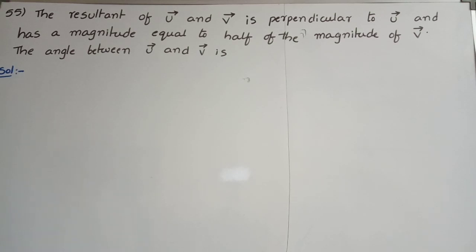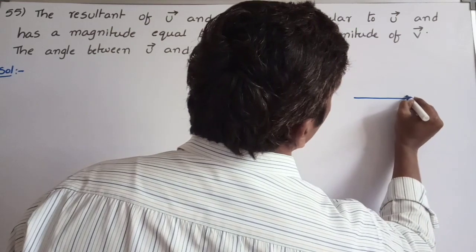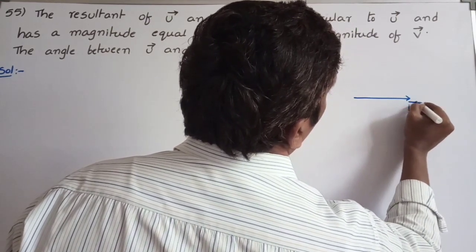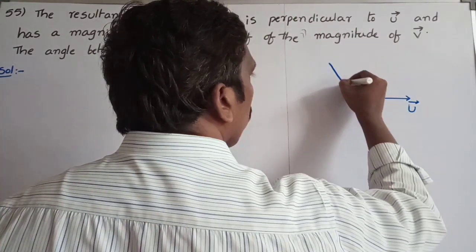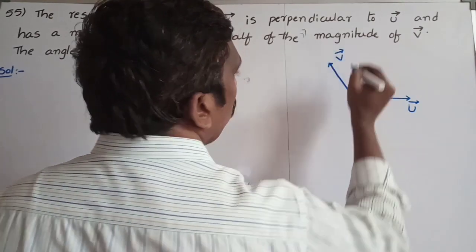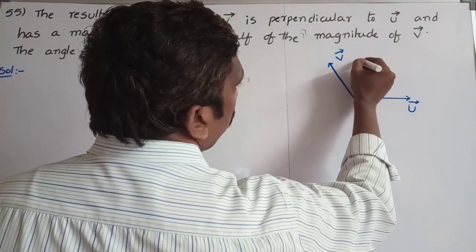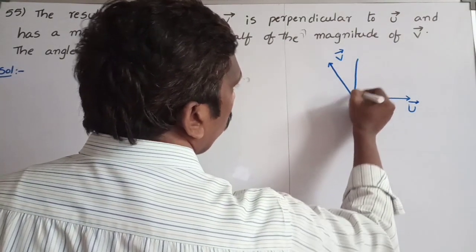Problem number 55. The resultant of U bar and V bar is perpendicular to U bar and has a magnitude equal to half of the magnitude of V bar. The angle between U bar and V bar is. Here, assume this is the direction of U bar, and this is the direction of V bar, and the resultant makes an angle 90 degrees with U bar.